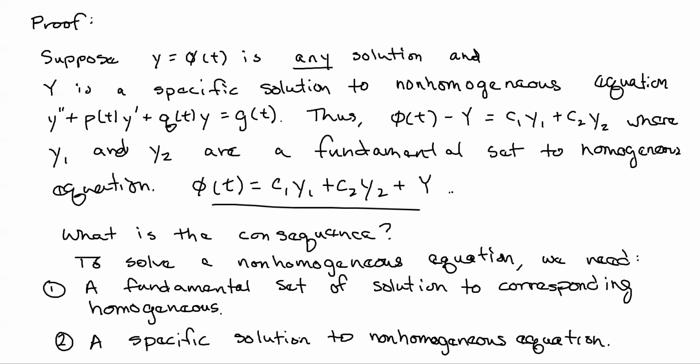We need to do both of these. Fortunately, we've already done this one a bunch of times, so that one should be easy. So we're going to focus on the second one. How do we find a specific solution? How do we find one solution to the non-homogeneous equation?